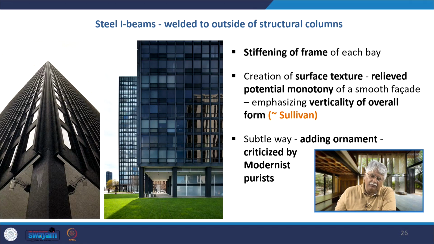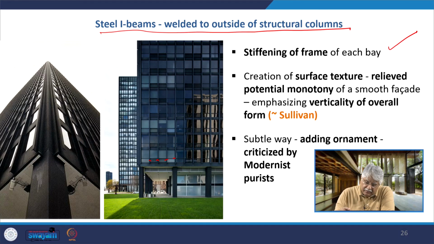Now the steel I-beams are welded on the outside of the structural column. This is very interesting. You see, these I sections that you see here are non-load bearing. Now why did he provide these I sections? One could be that he was stiffening the frame each way. The second, which is the important point, is the creation of a surface texture. Had these I sections not been there, this whole facade would have become very monotonous.